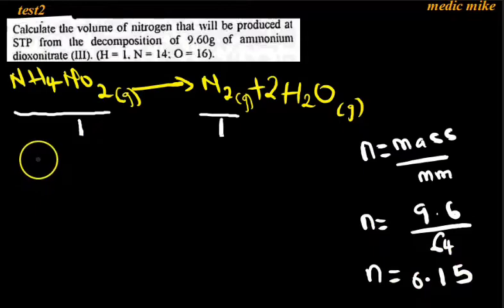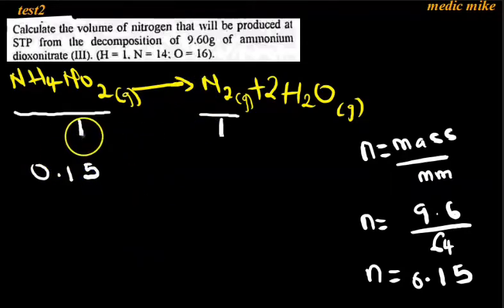So we'll write it in here so we can get the mole. This stoichiometry, you should remember, is based on simple comparison between different compounds in a balanced equation. So this will be 0.15 over there.